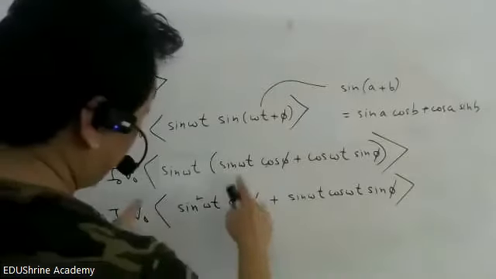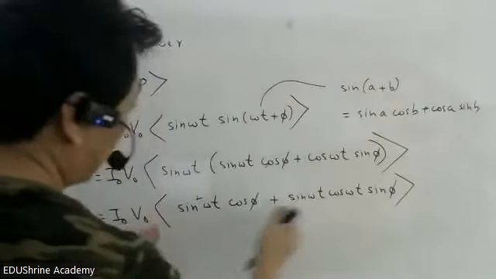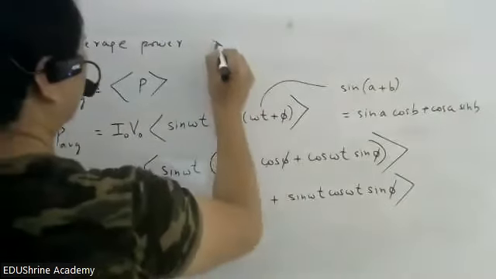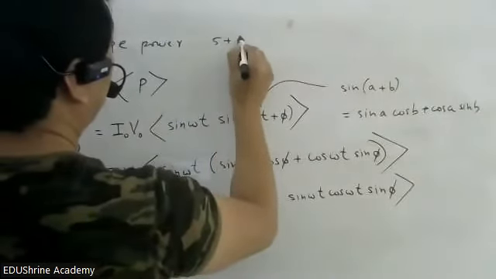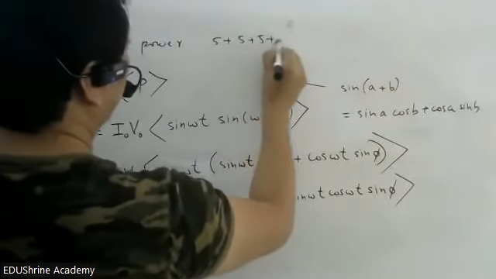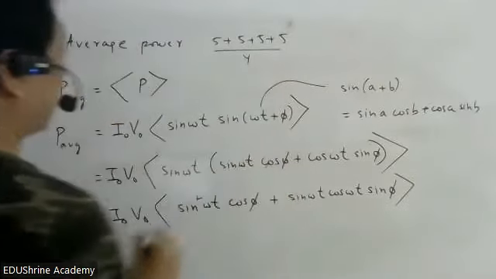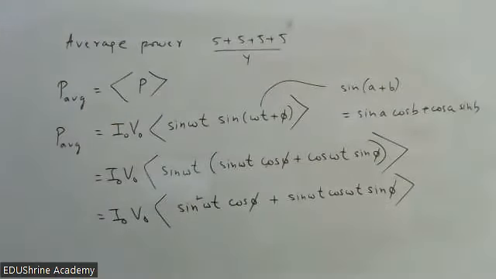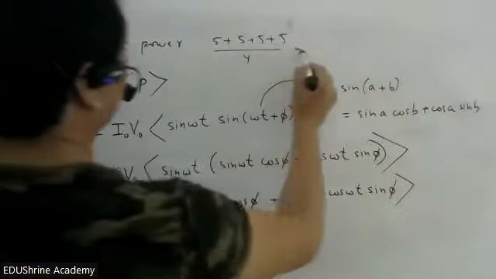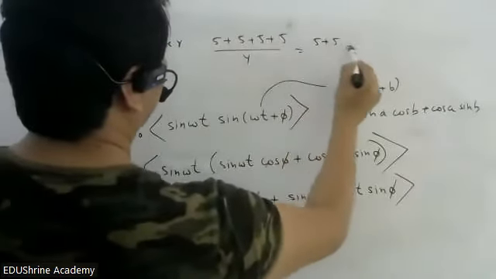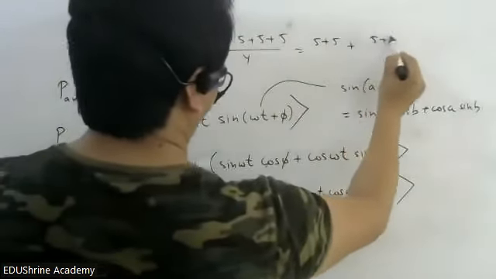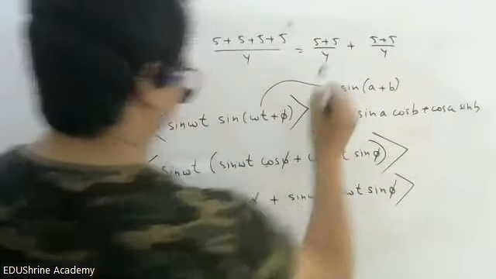Now in the average you can break it, you can take the average here, then the average here. Suppose somebody says find the average of 5 plus 5 plus 5 plus 5 divided by 4, then you can also do it as 5 plus 5, then 5 plus 5 like that. You are understanding? You will get the same thing.